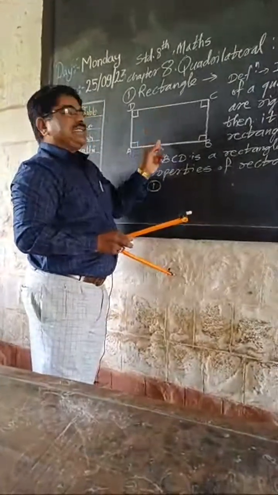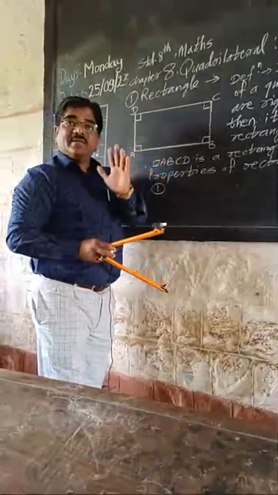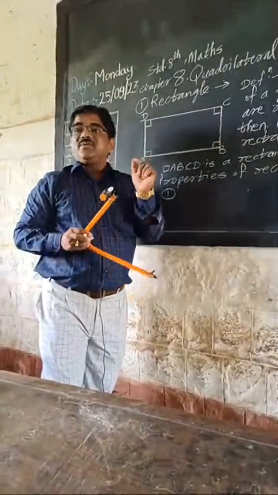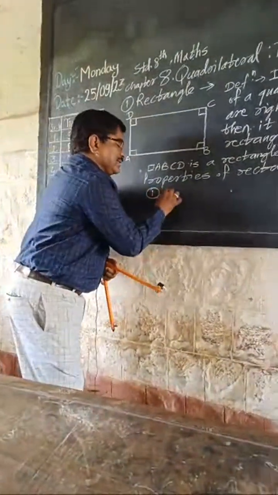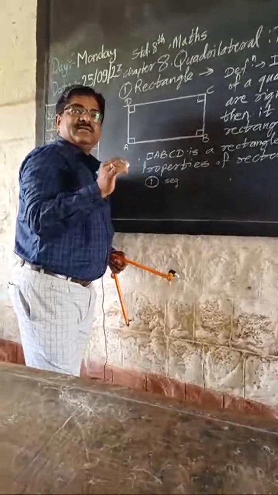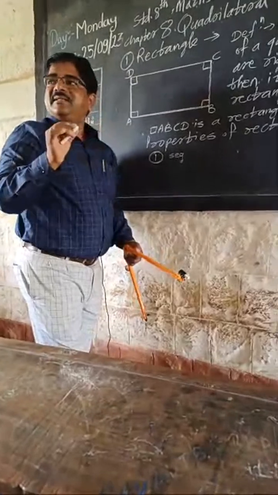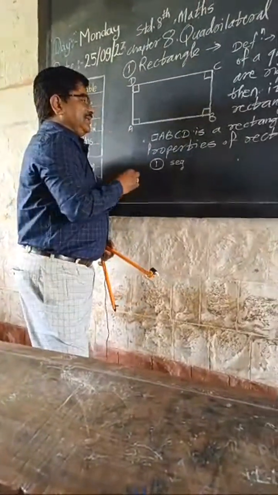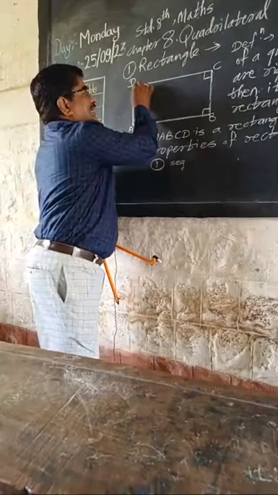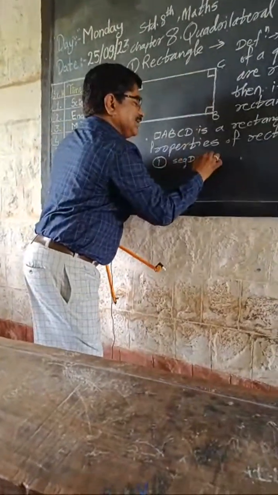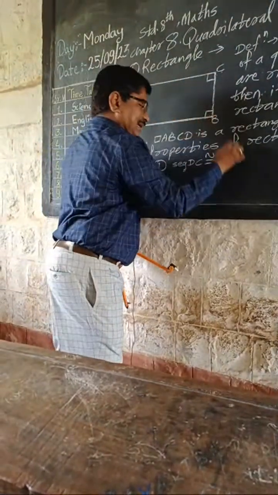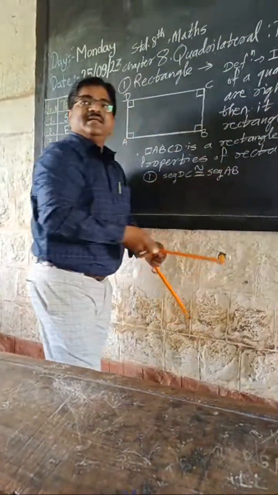These opposite sides are of equal length, means opposite sides are congruent. Which sides? Segment DC is congruent to segment AB. Good.